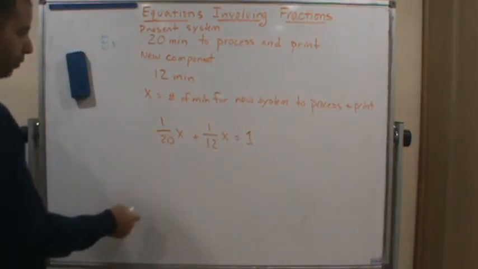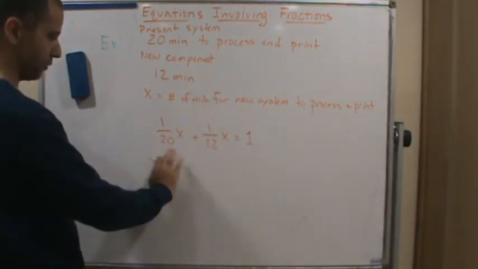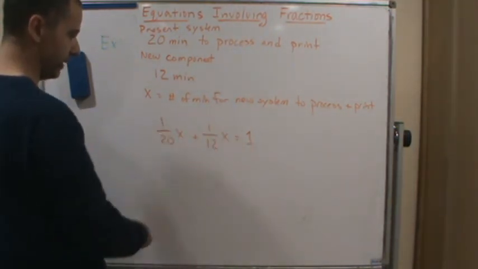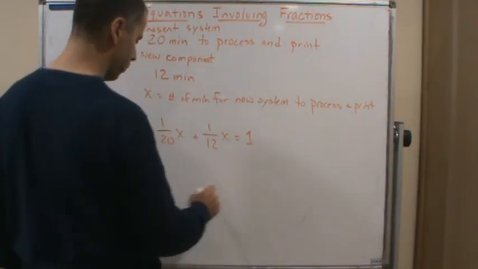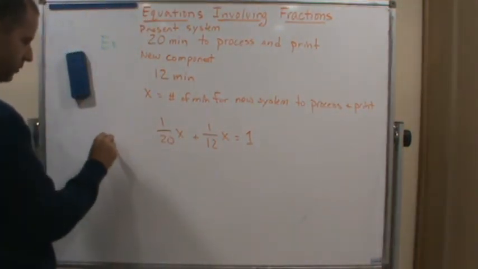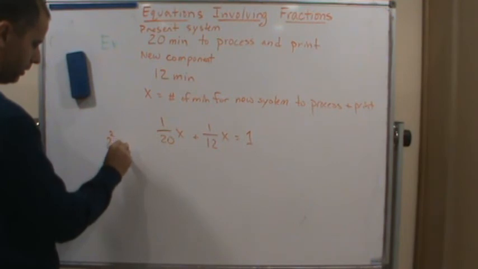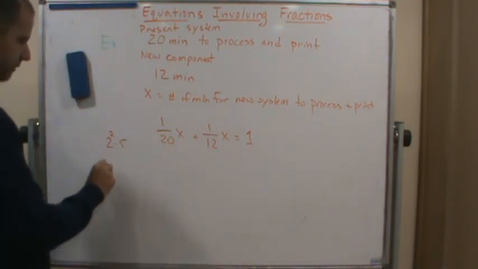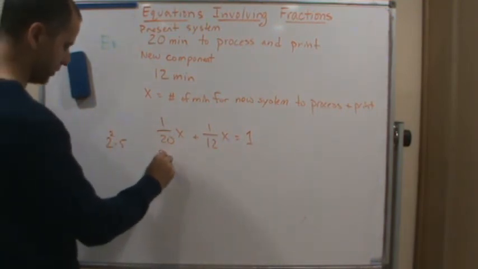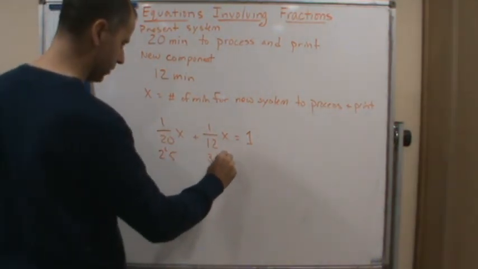And so now, what do we do? Well, we have an equation with fractions, so we multiply by the least common denominator. What is it? This one is 2 squared times 5, and this one is 3 times 2 squared.